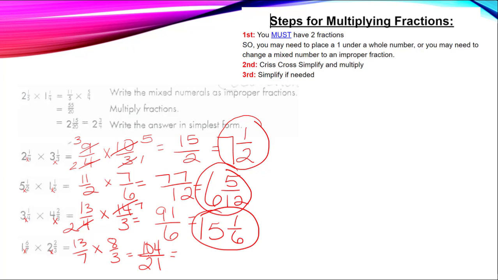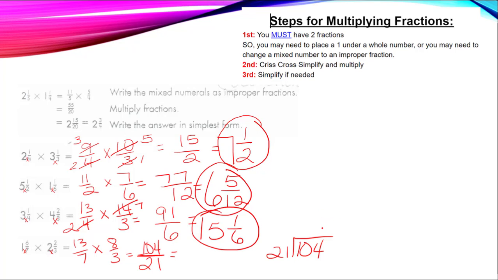104 divided by 21. Bottom dog outside the house, top dog inside the house. Goes into, can 21 go into 1? No, because 1 is too small. Can 21 go into 10? No, because 10 is too small. Can 21 go into 104? Yes.